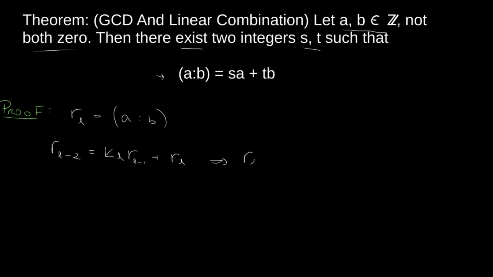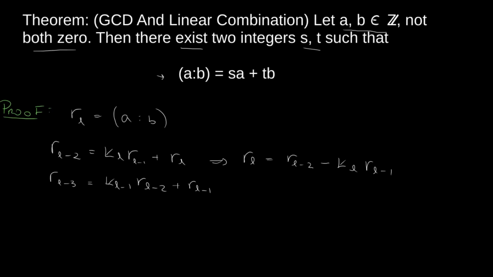So from this equation we get that RL can be written as RL minus 2 minus KL times RL minus 1. Doing one more step, we get that RL minus 3 equals some constant KL minus 1 times RL minus 2 plus RL minus 1.